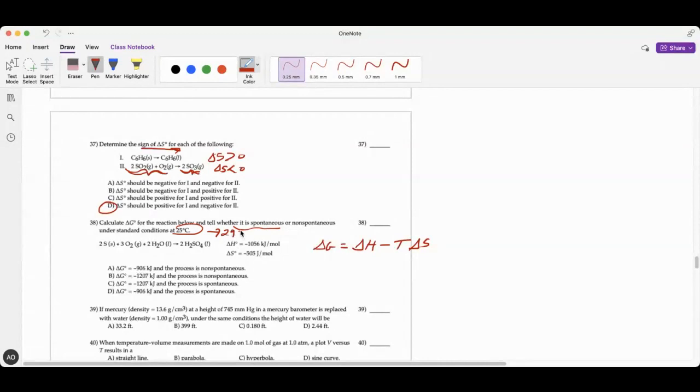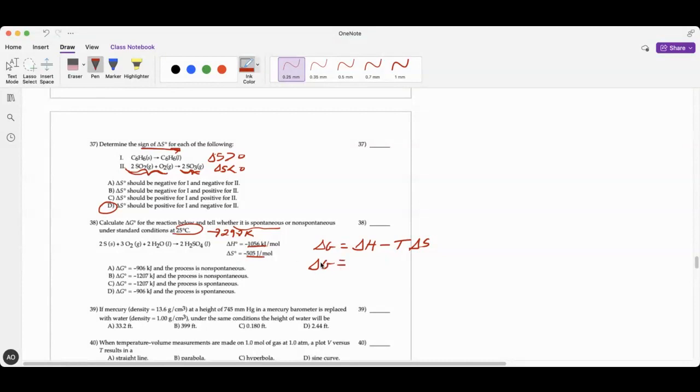Temperature must be in Kelvin, so that's 298 Kelvin. And let's see, the answers are in kilojoules. So delta S is always given in joules per mole. Delta H is always given in kilojoules per mole. So we'll just convert the delta S to kilojoules per mole.